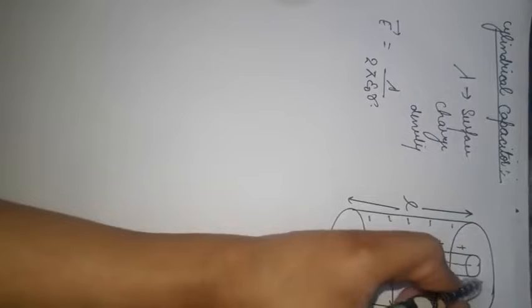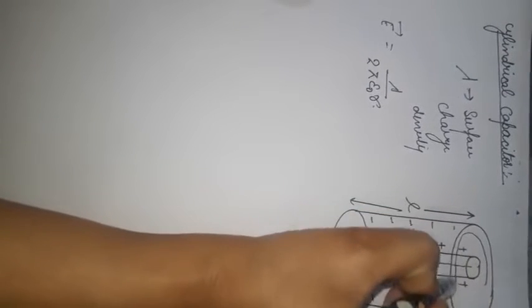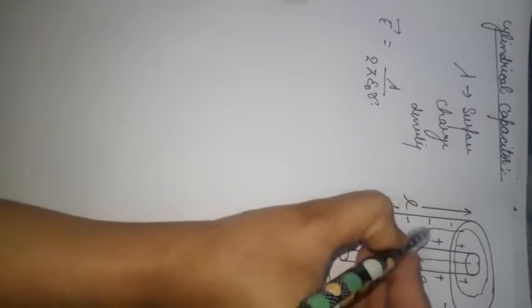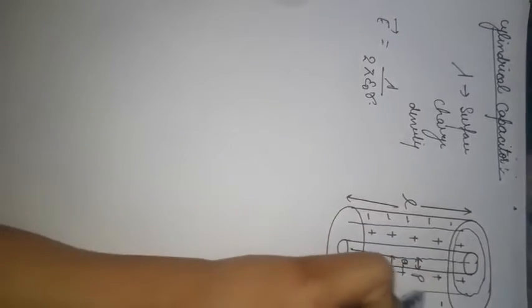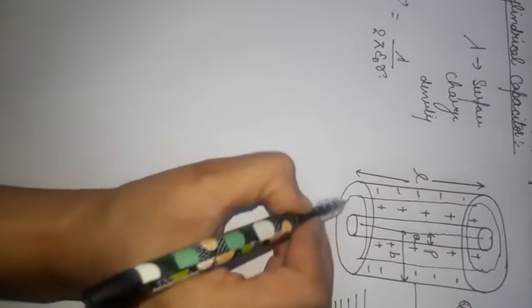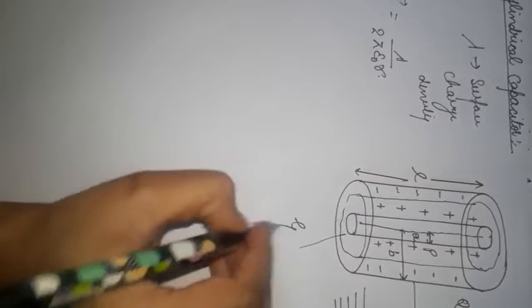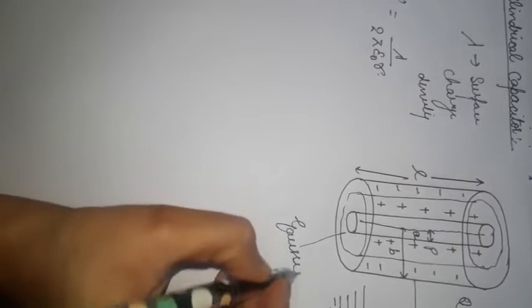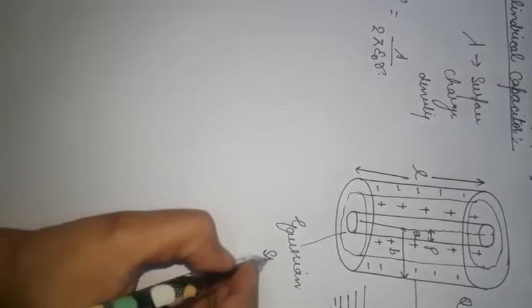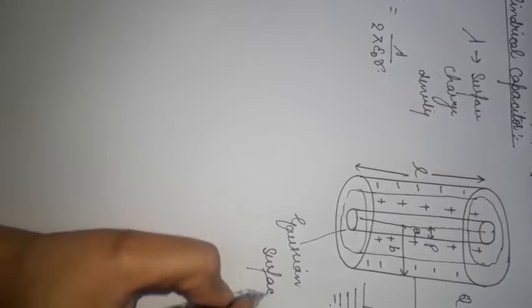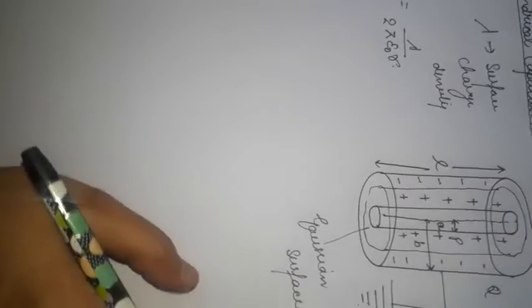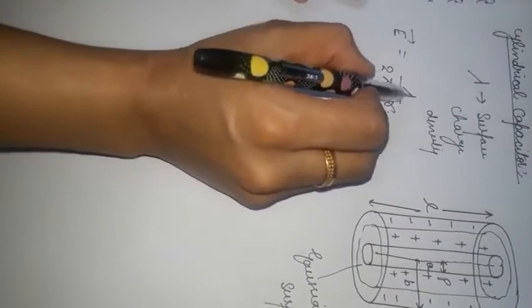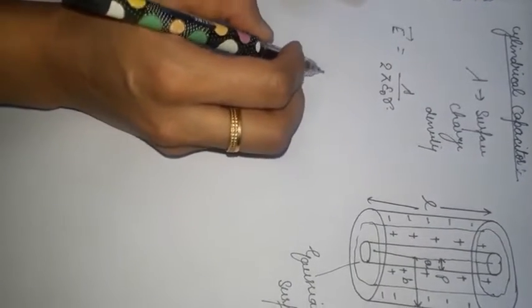Suppose we consider a Gaussian surface. This is the Gaussian surface. Now the question arises, why are we taking the electric field as lambda over 2 pi epsilon naught r?